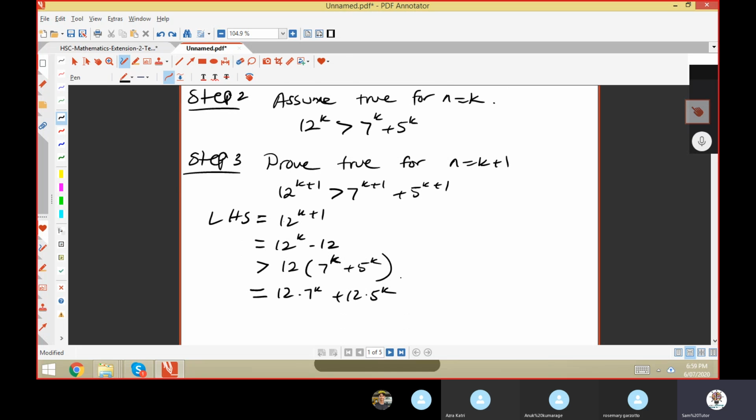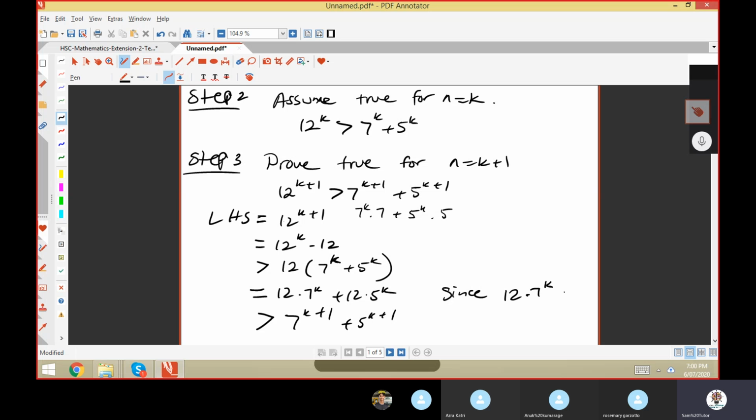Now, what did you have on the right-hand side? On the right-hand side, isn't it actually 7 to the k times 7 plus 5 to the k times 5? So isn't 12 bigger than 7? And isn't 12 bigger than 5? So therefore, can't you now say that is bigger than 7 to the k plus 1 plus 5 to the k plus 1? Since, you can say in two ways.